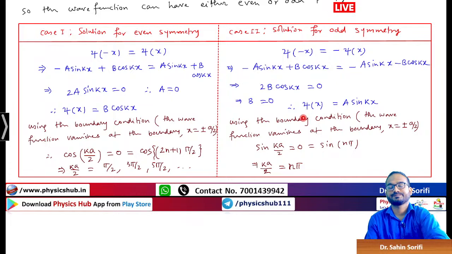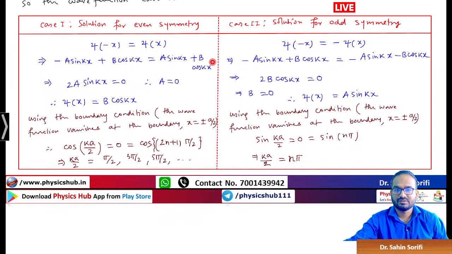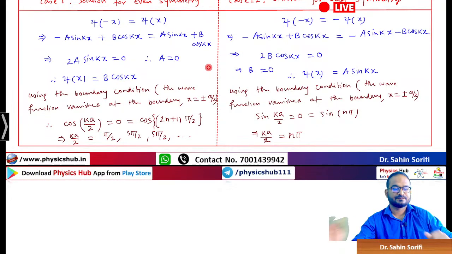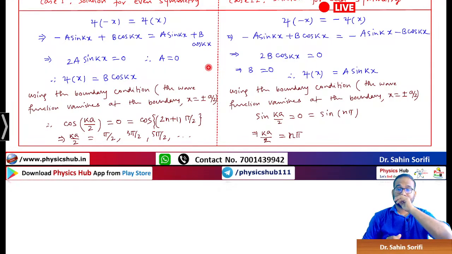Here also. But this will not be 0. Okay. Another possibility is that if this is 0, then also both sides will be equal, but this cannot be 0. If this is 0, then the function will not be there. Is it clear?